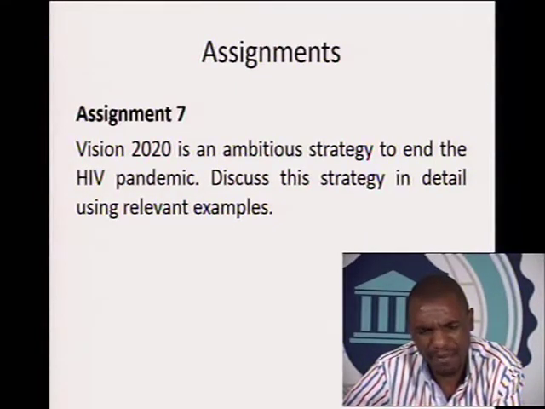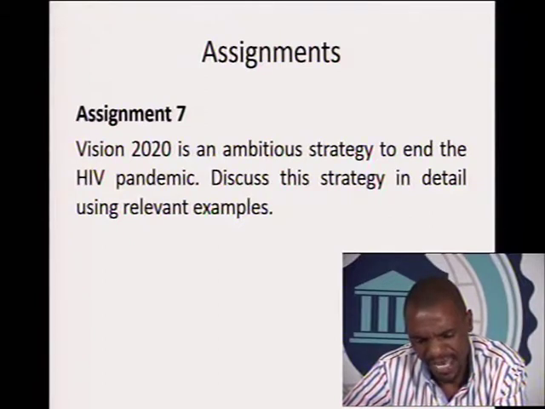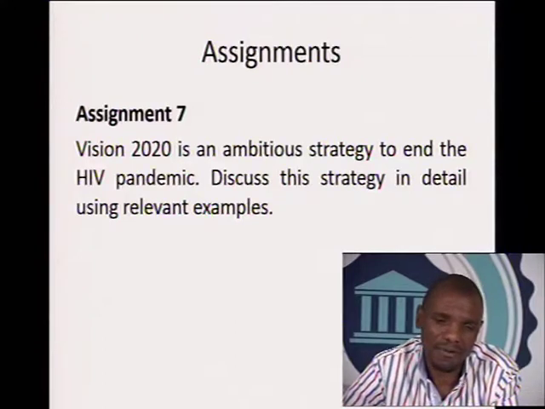It falls under the campaign called 90-90-90, meaning the aim of this vision is that at least 90% of the population must be tested for HIV. Of those who are tested and diagnosed with HIV, 90% must be put on treatment. Of those who are put on treatment, 90% must achieve viral suppression.